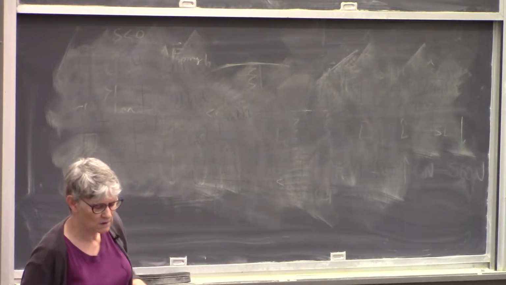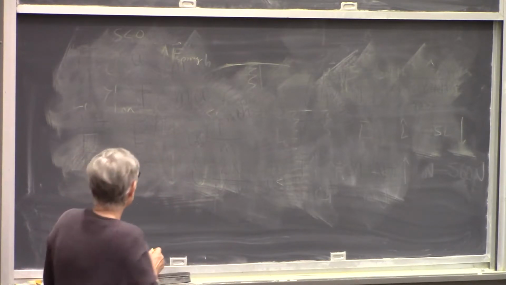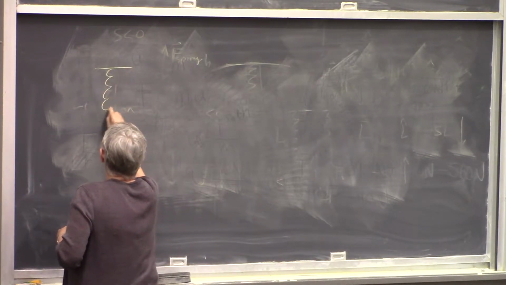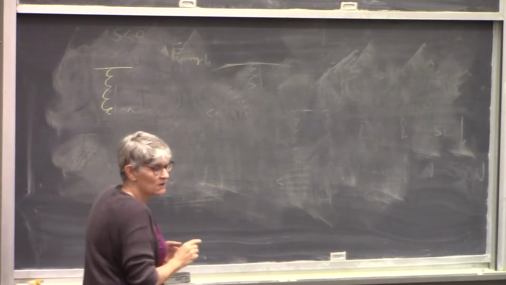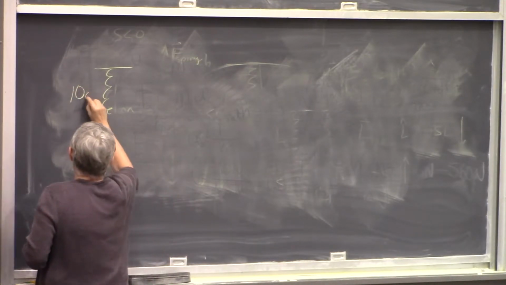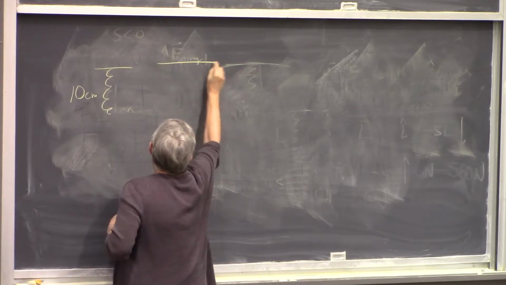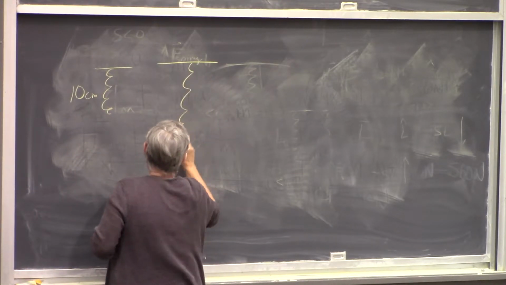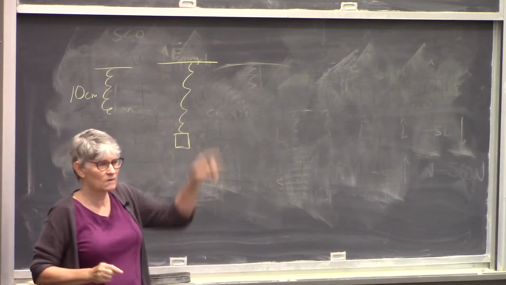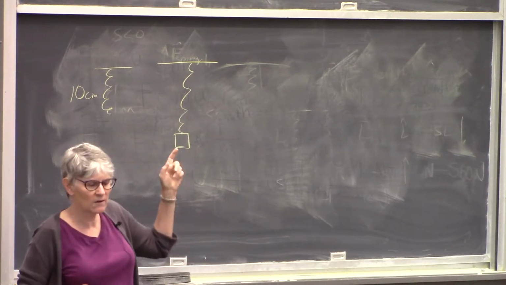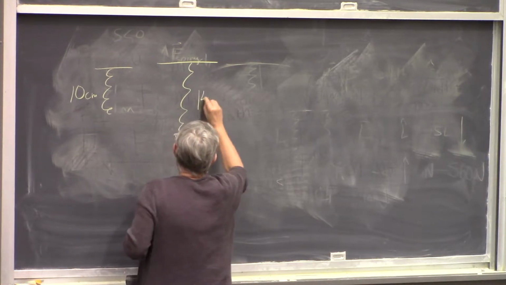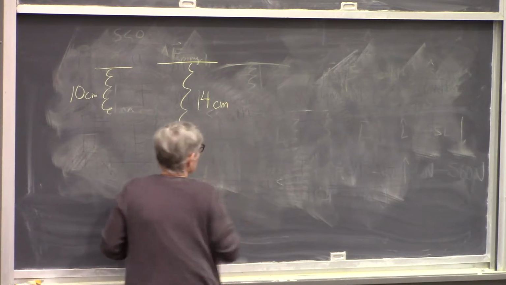So we have a hanging spring, and its relaxed length is 10 centimeters. We attach a block to it. We pull it down and let it go so that it oscillates up and down. And at a particular instant, the length of the spring is 14 centimeters.